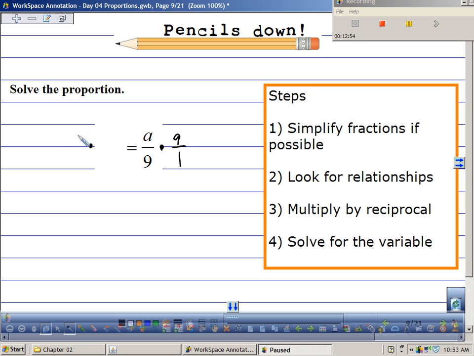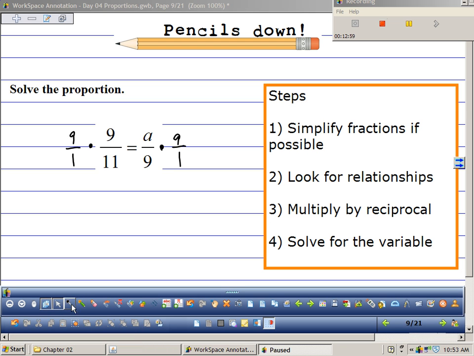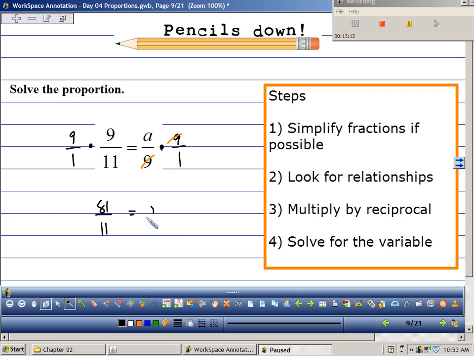If I multiply one side, I've got to multiply the other side. When I do that, my 9's go away, and I can multiply straight across. 9 times 9 is 81 over 11 equals A. And you can leave them in fraction form here.